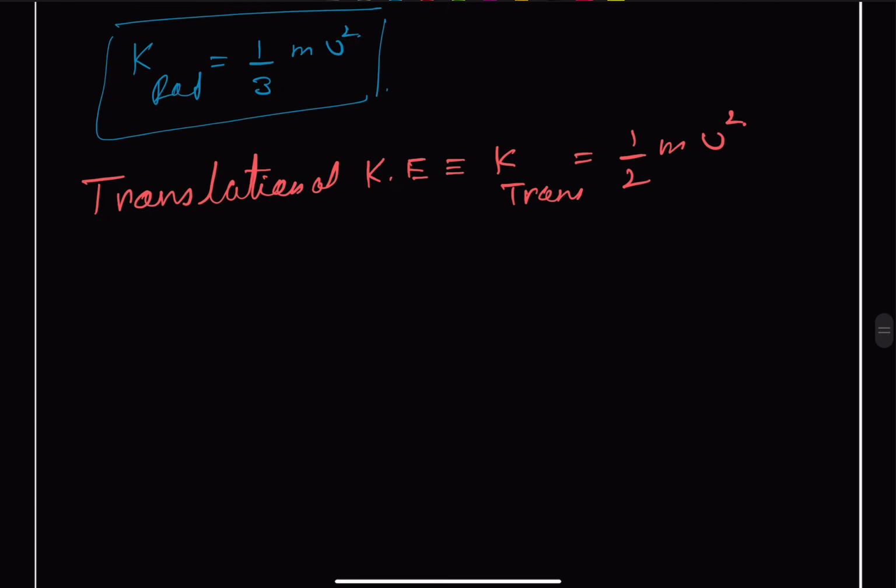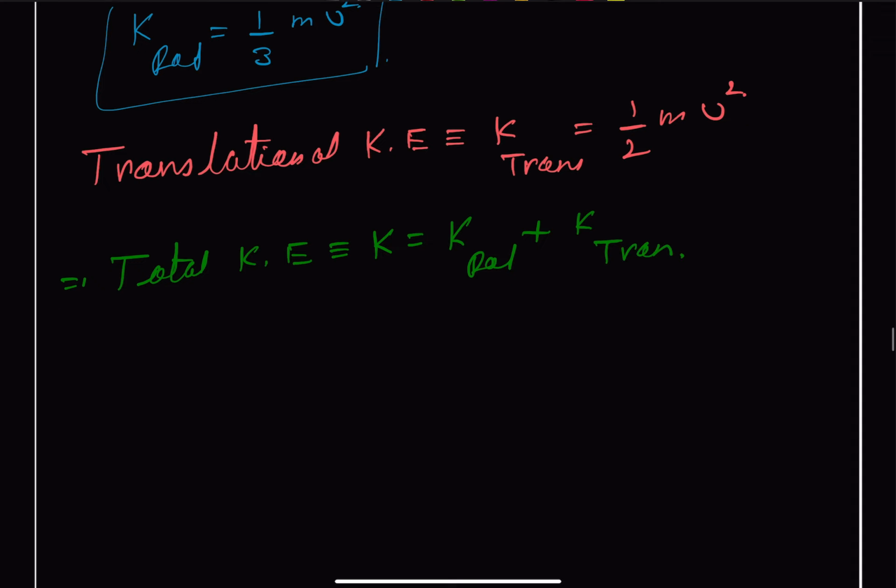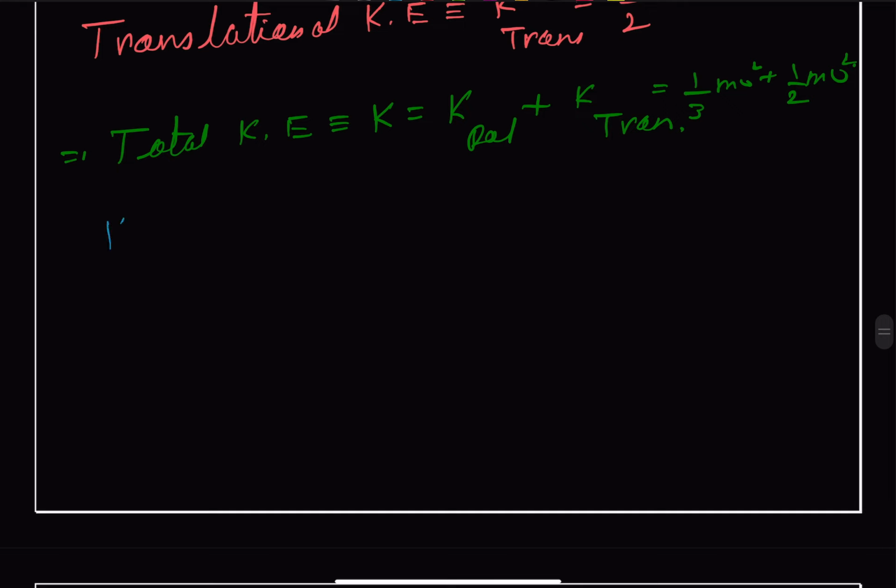Therefore total kinetic energy, let us put that as our K, will be equal to rotational kinetic energy plus translational kinetic energy. So this comes as 1 by 3 mv square plus 1 by 2 mv square. So we get K is equal to 5 by 6 mv square.